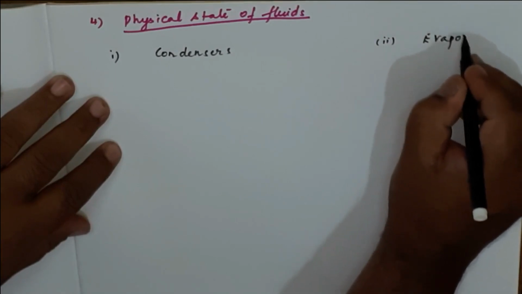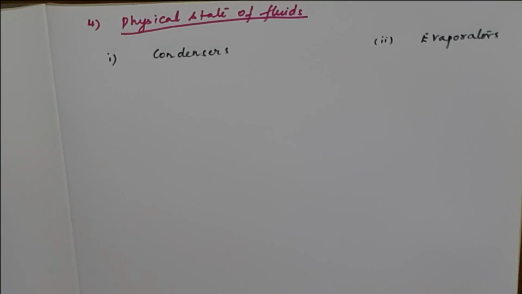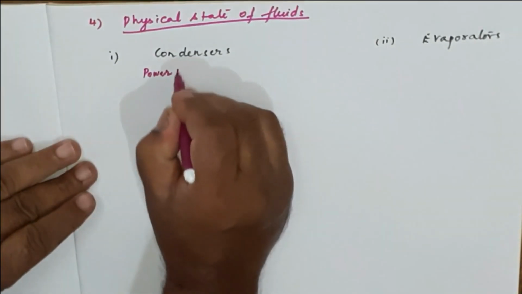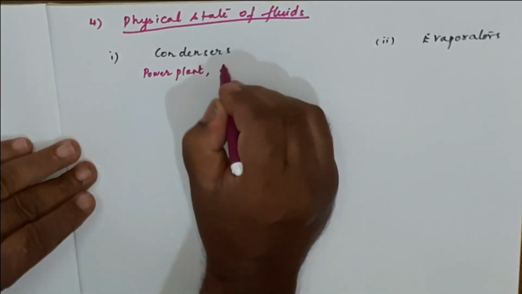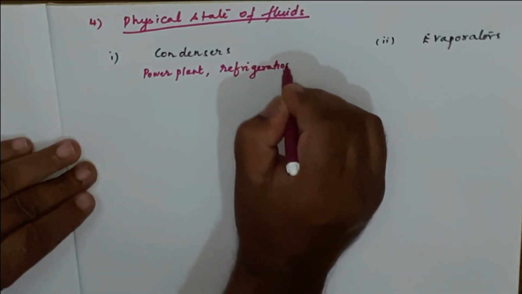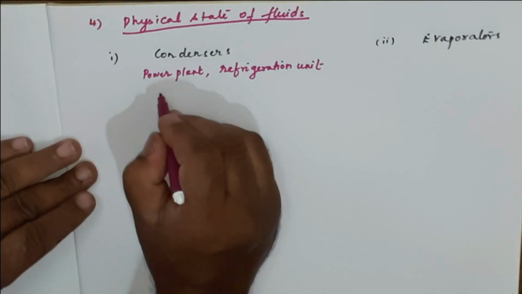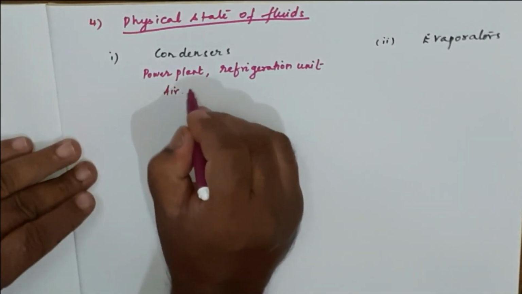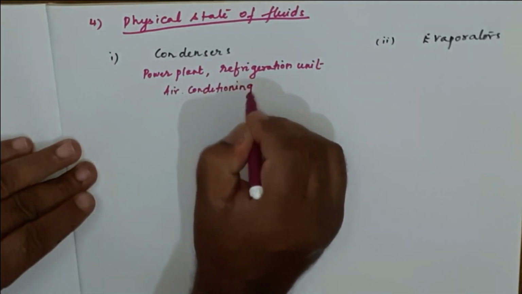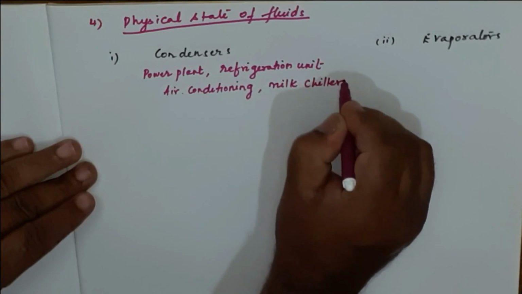So you have condensers in the power plant, you have condensers again in your refrigeration units, in air conditioning units, in milk chillers, etc. A lot of examples are the milk chillers.